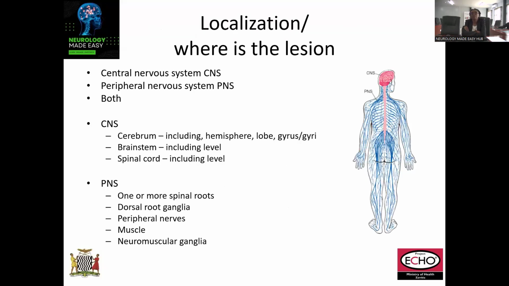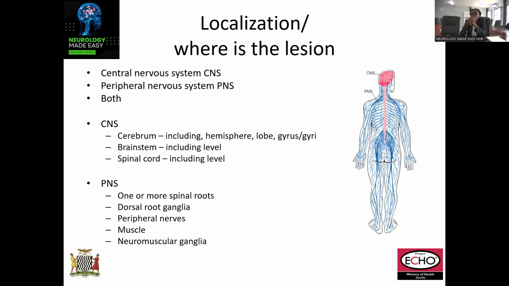So let's go to the where. We're all familiar with the central nervous system, which is comprised of the brain and the spinal cord, and then the peripheral nervous system. So if you think about localization and you're thinking about the where broadly, you can categorize that into the central nervous system, which is comprised of the cerebrum, that is your two hemispheres, and the different structures within the brain.